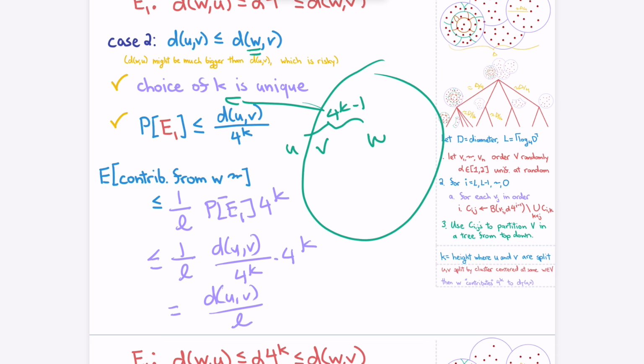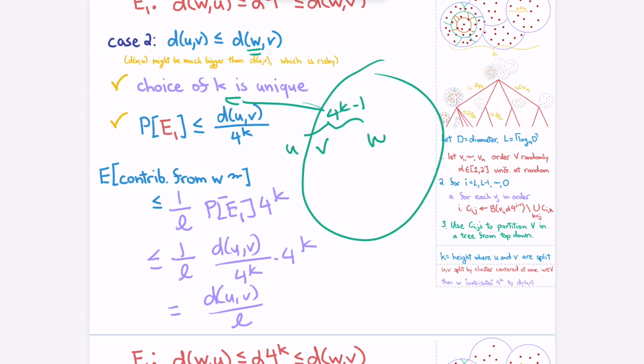So if it splits, E1 is the event capturing that. And if it splits, it assigns the distance 4 to the k because that's the scale at which you're working. So the probability of E1 is the distance divided by 4 to the k. But when that happens, you contribute 4 to the k to the distance. So that's where you actually add the distance in, and they cancel out. Good. Other questions?